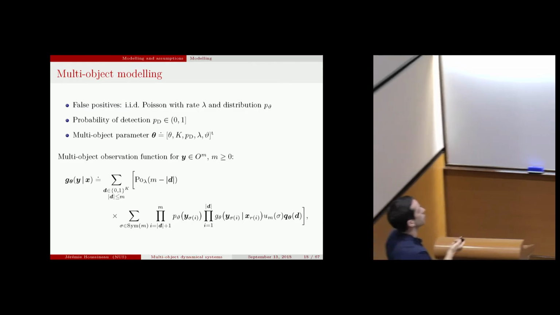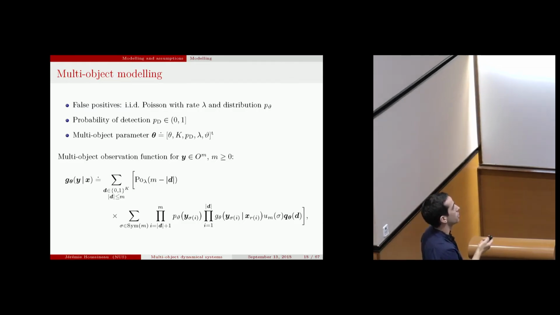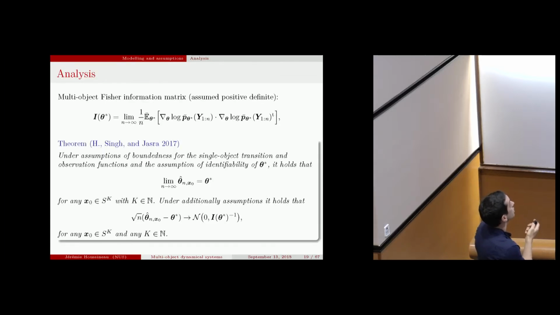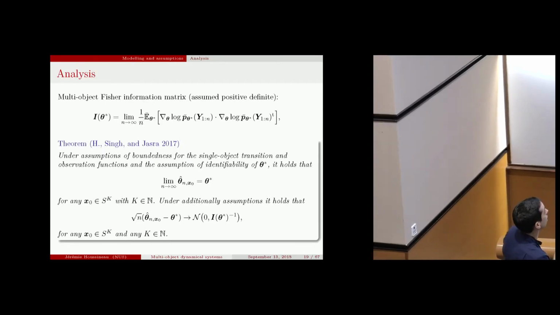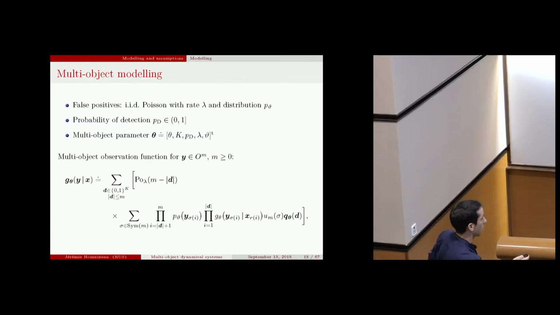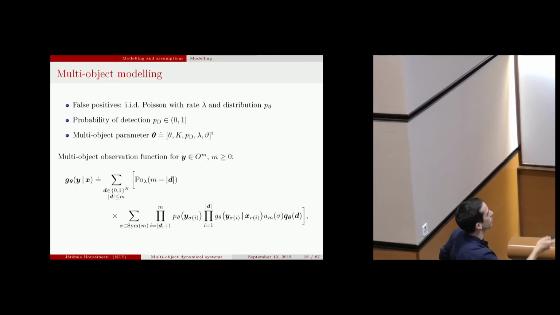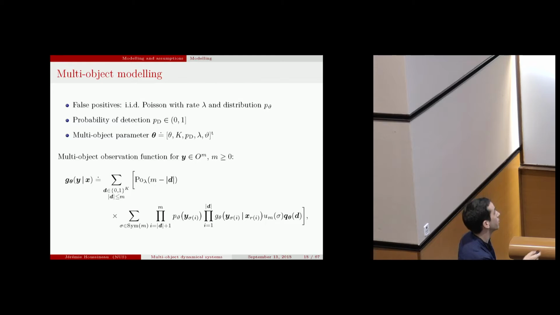If you ask the question, do I have some chance to learn those parameters, for instance? Actually the answer is yes, under assumptions that are, I would say, not that complicated in principle, although when you look at how the likelihood is written, they are not that simple.